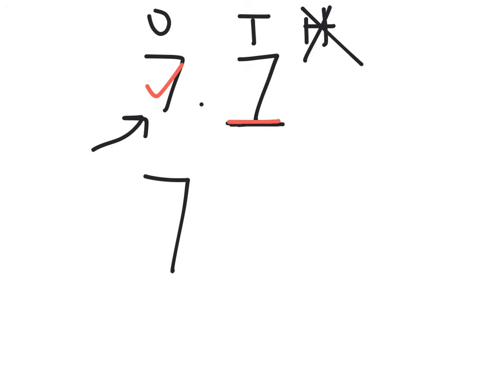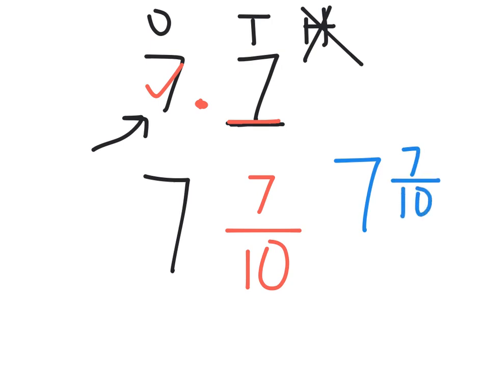That, if this 7 wasn't there, is 7/10. So I have 7, and we read decimal points as "and", 7/10. I say the word tenths, so that's my denominator. Remember, the place value spot is the denominator, and the number that you have is your numerator. 7/10 is 7 over 10. So this whole answer would be 7 and 7/10. A big 7, and then 7 over 10 is a fraction.